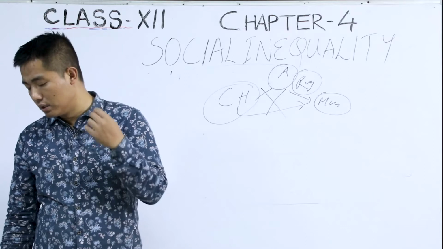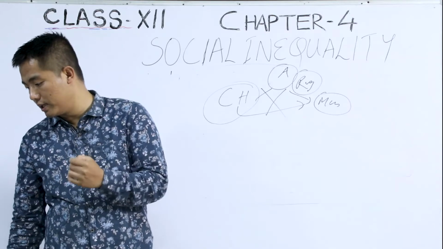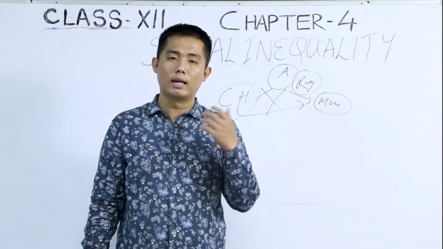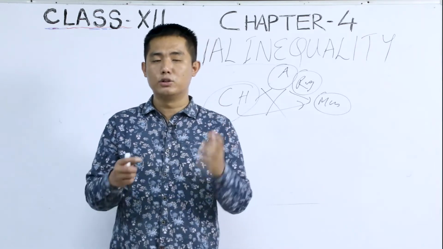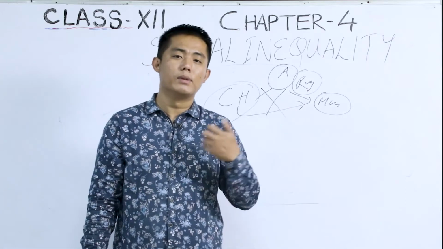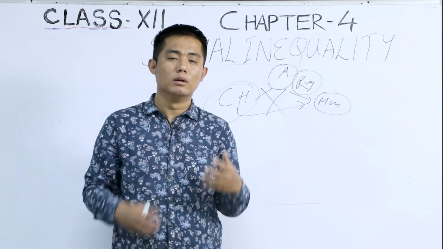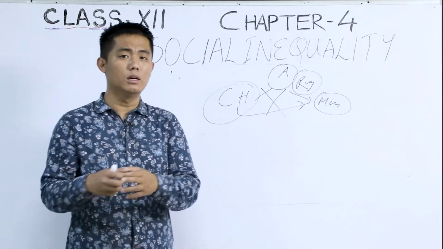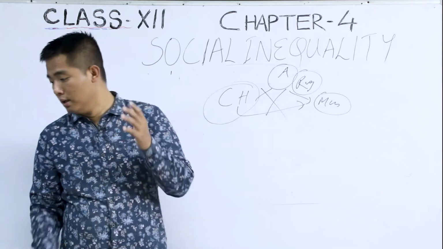Article 30 clause 1 also says that the minority group of people can administer and start educational institutions of their own choice, so that their culture and religious practices may not diminish in the society.